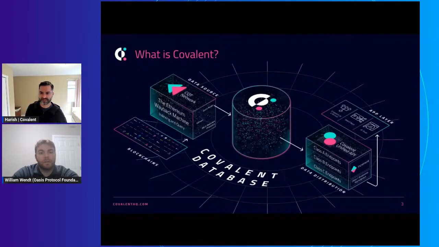And so at Covalent, we've got this focus as being the core database, if you will, of the Web3 ecosystem. We've broken this out into two main areas. We've got the supply side, or the data sources, and this is blockchains like Oasis. We've termed ourselves the Ethereum wayback machine, or any sort of EVM compatible wayback machine.